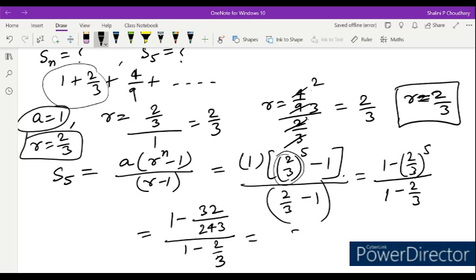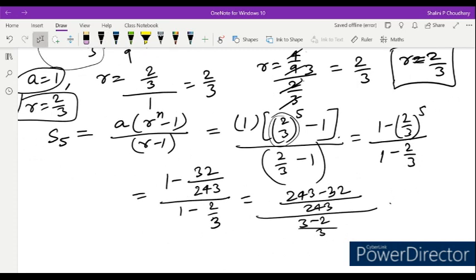Now it will be 243 minus 32 upon 243 and divided by 3 minus 2 upon 3. Okay, so this will be 243 minus 32 will be 211 and divided by 243 divided by 1 upon 3. So 3 से cancel करेंगे, we'll get 81.